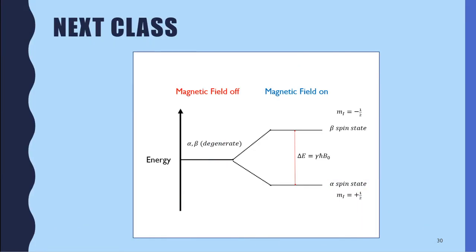So now this is what we're going to cover in the next class, and you've seen it before. I'm showing it again. So again, remember I mentioned degeneracy. This is when there's no magnetic field, so you have all the energy levels being equal. But as soon as you apply the magnetic field, you have what you call the Zeeman splitting.